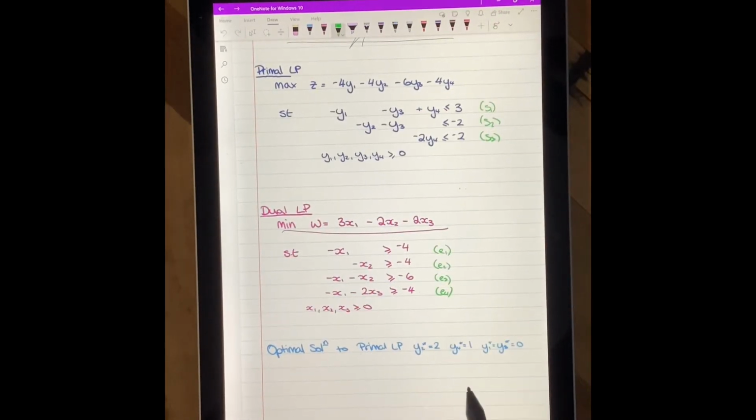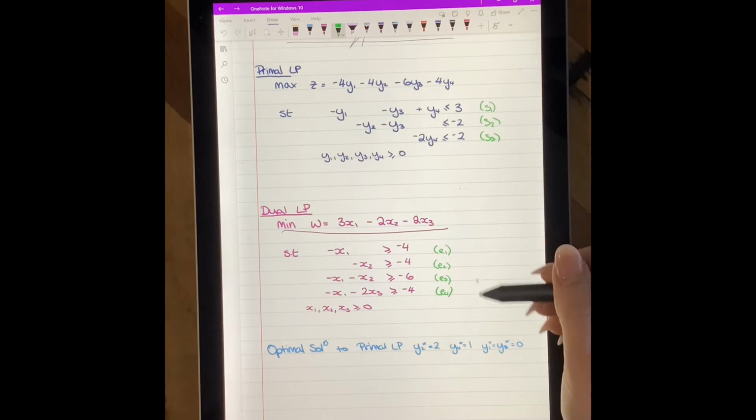Given the optimal solution to the primal LP is this, how can we use complementary slackness to solve the dual LP? So we let S be the slack variable for the primal LP constraints, because it's a maximum problem, and the same we use E for the excess variables for the dual problem.